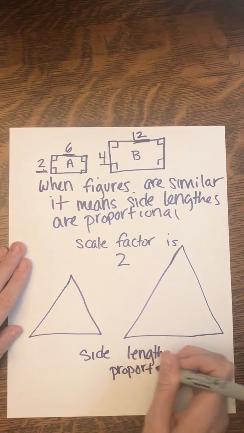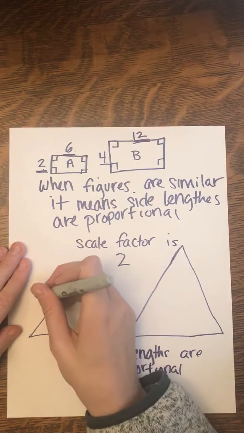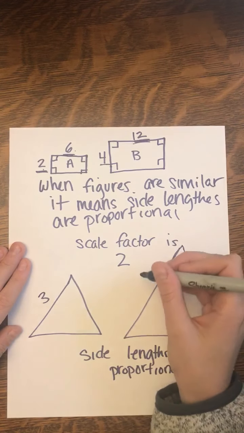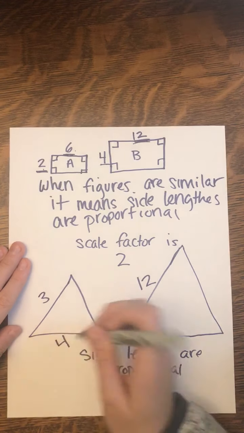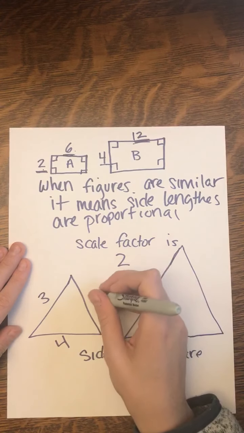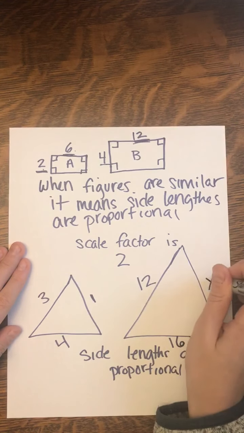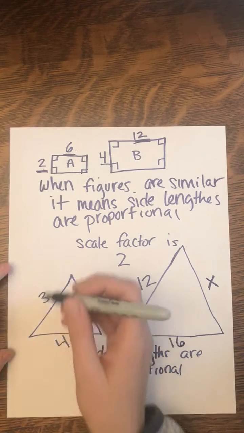If this side length is 3, this side length is 12, this side length is 4, this side length is 16, and this side length is 1, I could solve for x right here. And I could figure out what the scale factor is by setting up a proportion.